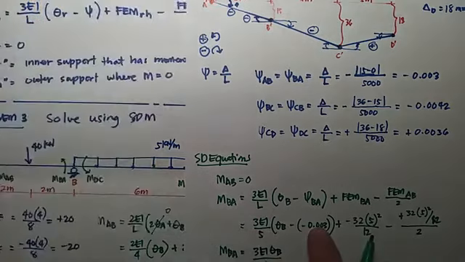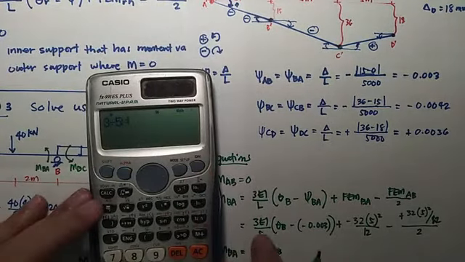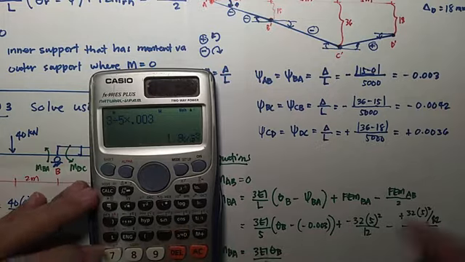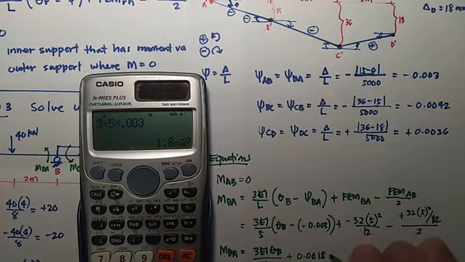So, this one when multiplied, 3 over 5 of 0.003. So that is negative is positive. So positive 0.0018 of EI.